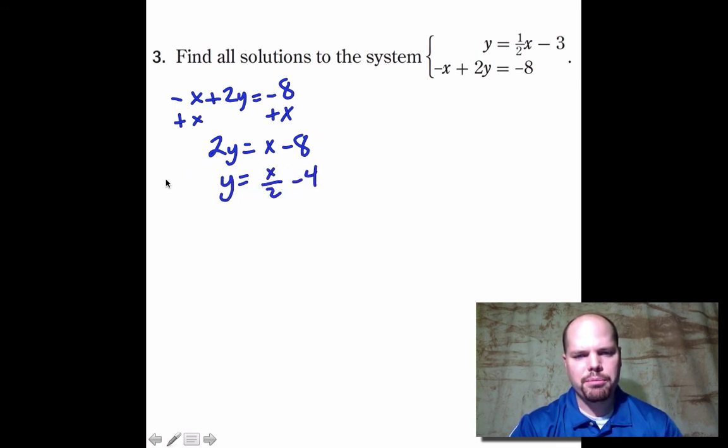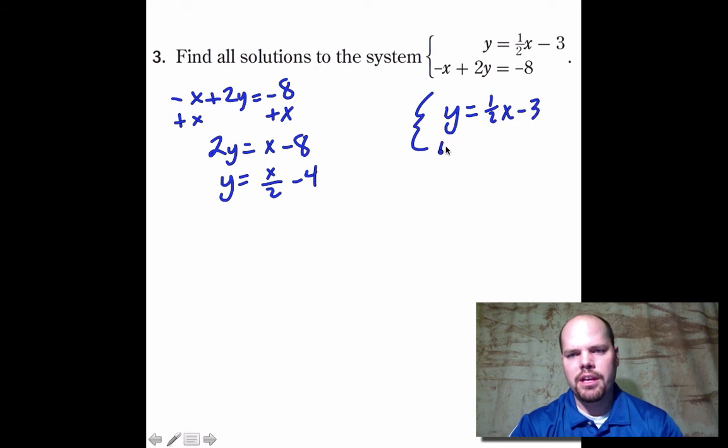I just divide every piece, each side and each term by 2, so I get 1/2 x minus 4, and so my new system would be y equals 1/2 x minus 3, and y equals 1/2 x minus 4. I can write x over 2 as 1/2 x.